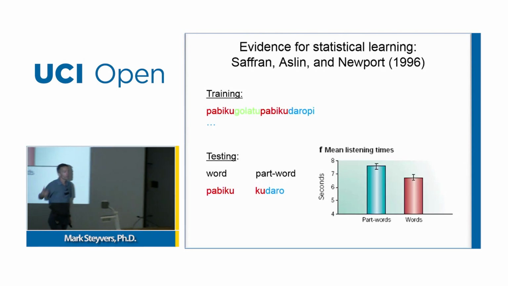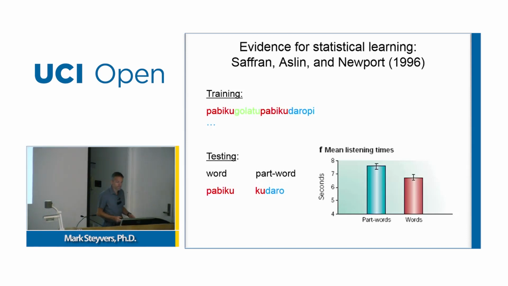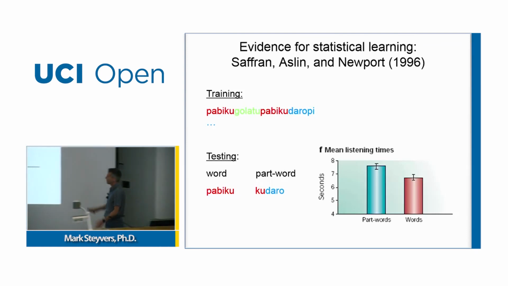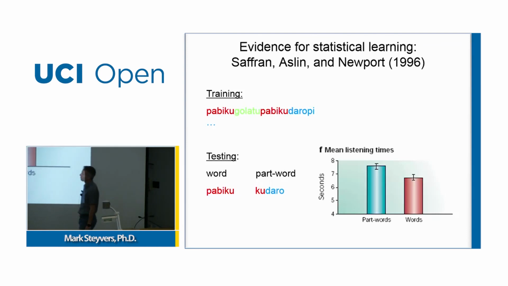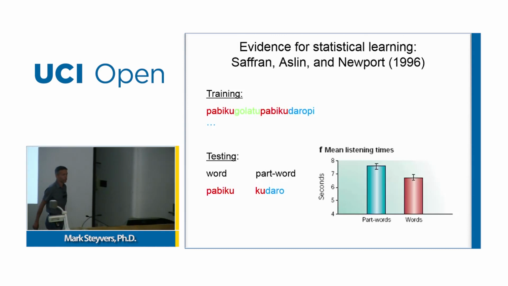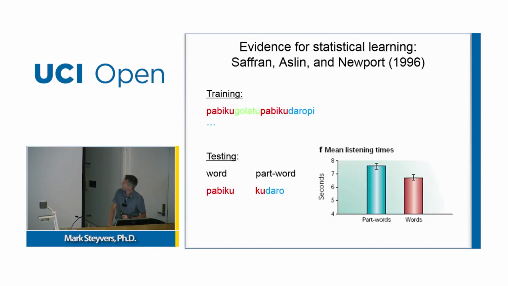The conclusion from these researchers is that these infants must have learned word-like units. They must have realized pabiku is a word in this made-up language, whereas this part word, which sounds very novel and therefore is more interesting to listen to, is not. And again, this is just based on a 2-minute audio clip, so quite remarkable.